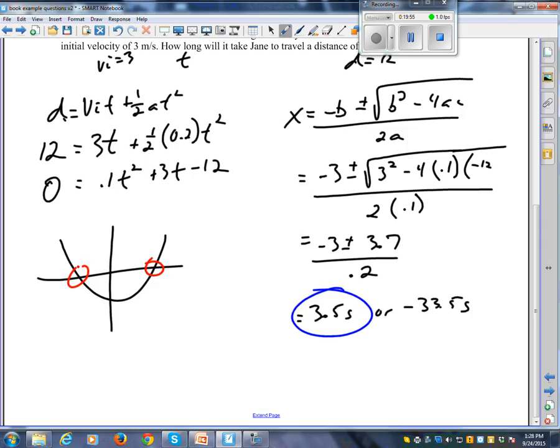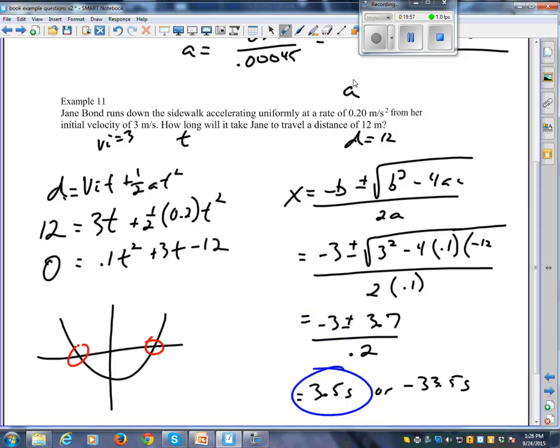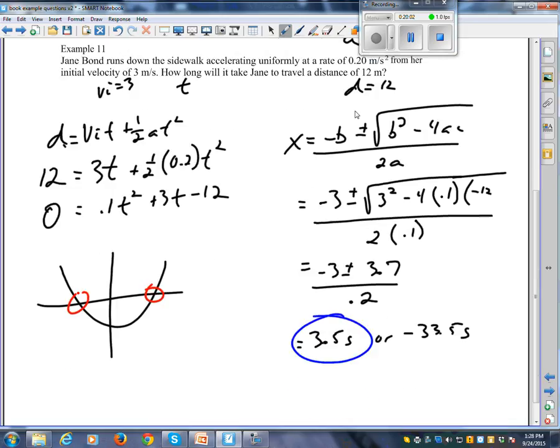Well, she is accelerating uniformly at 0.2, right? If you continue forward in time, she will go faster and faster, and eventually will travel 12 meters. If you go back in time, her distance traveled will be 12 meters as well, but she would have to be accelerating uniformly at 0.2 in the opposite direction.